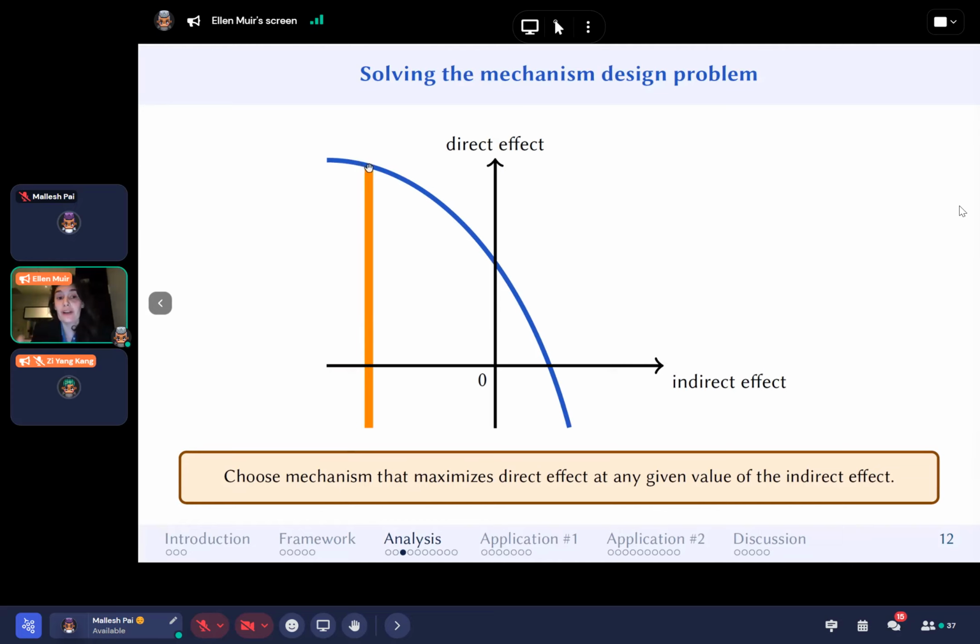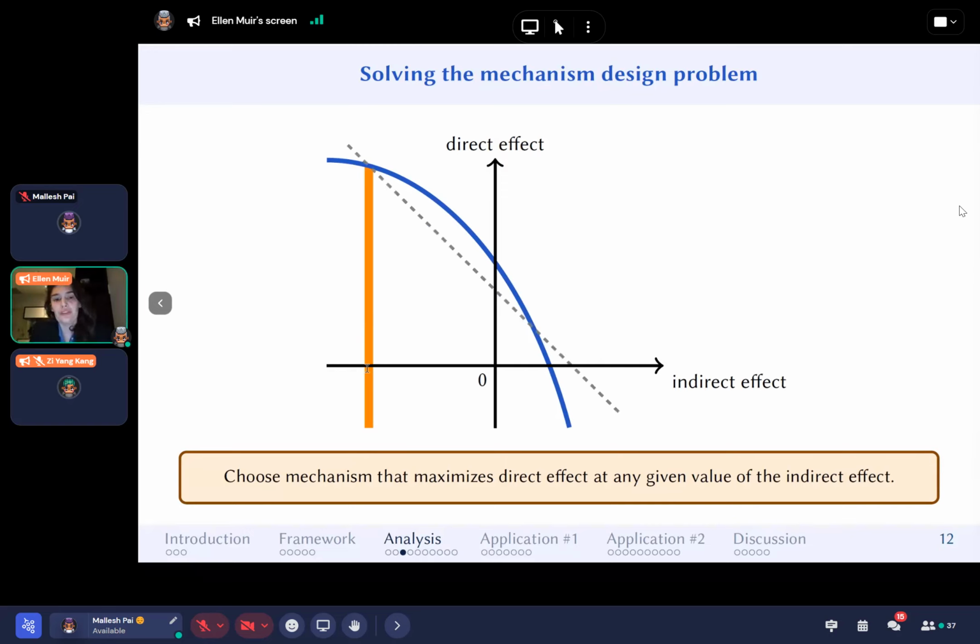So choose the allocation in the primary market subject to a consistency constraint, somewhat analogous to a Bayes plausibility constraint, where the chosen primary market allocation maximizes this direct effect, this specific component of the designer's objective function, subject to the constraint that it actually induces the presumed indirect effect, or the presumed price P in the aftermarket.